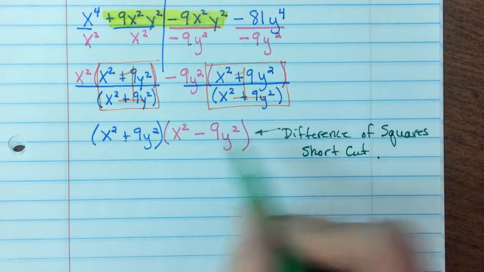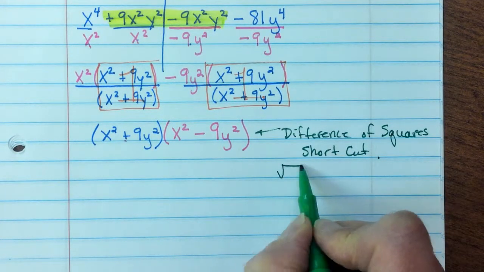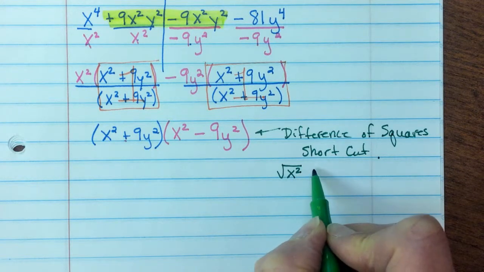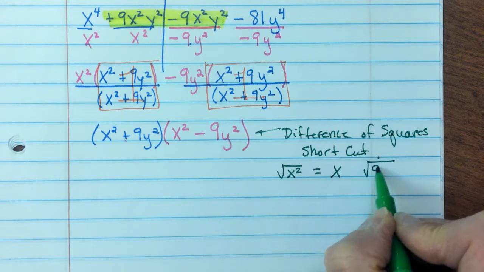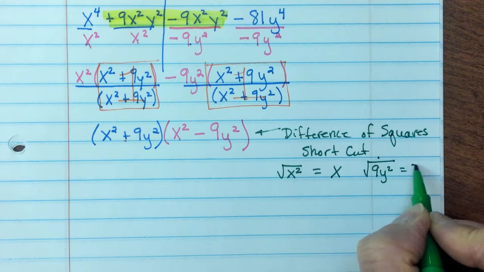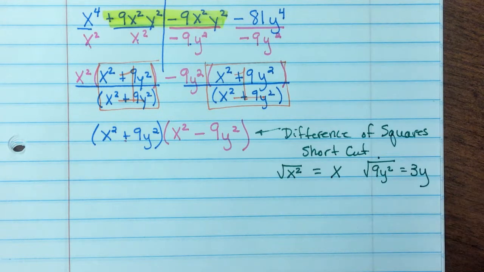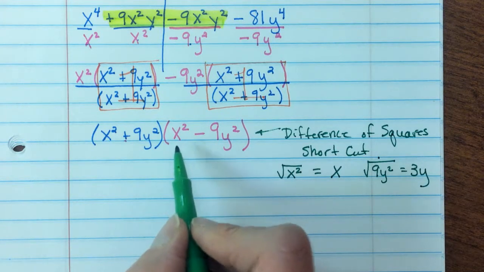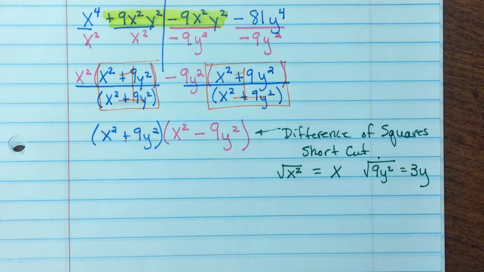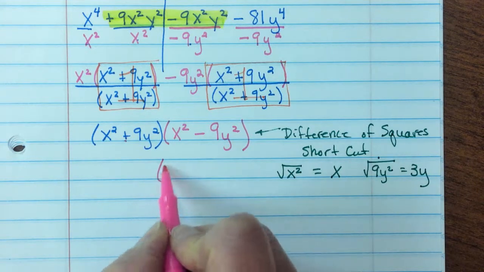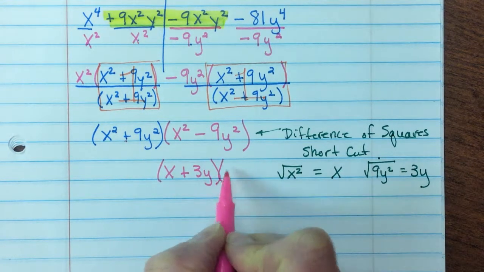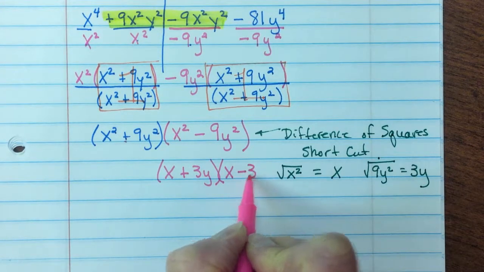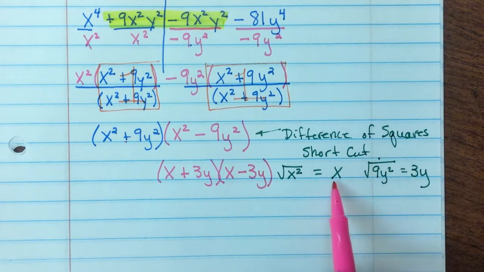Okay, so if I take the square root of x squared, I get x. If I take the square root of 9y squared, I get 3y. So that means that this pink thing becomes x plus 3y, x minus 3y.